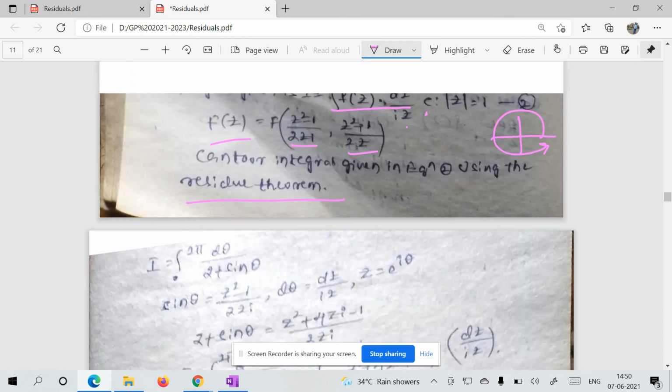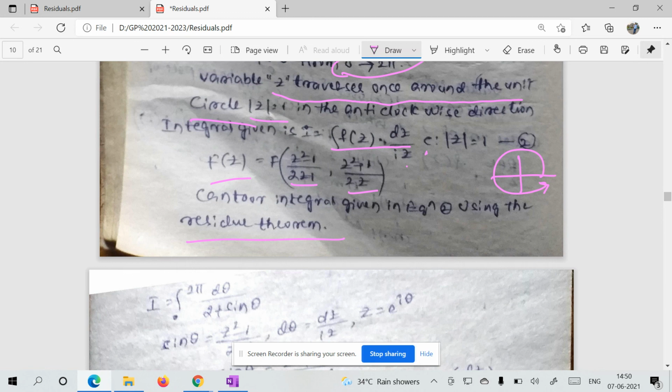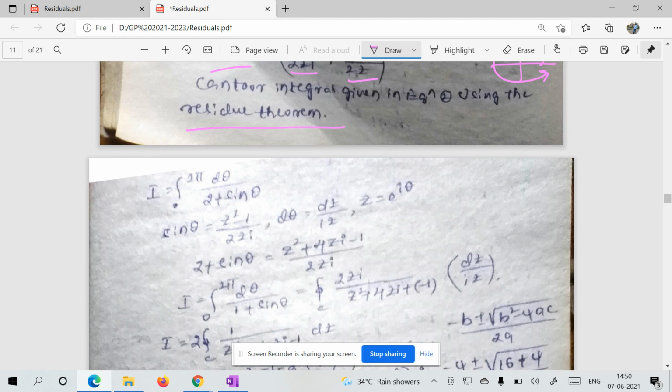This is the basics of how we can substitute and solve the problems. This is the problem given.